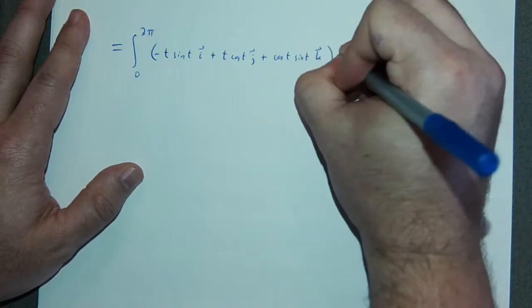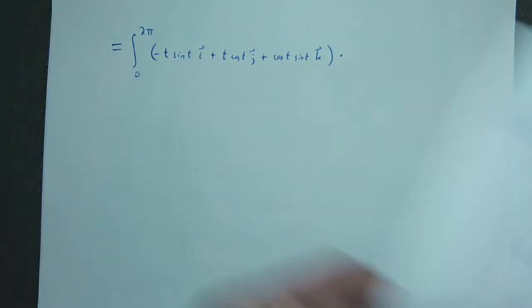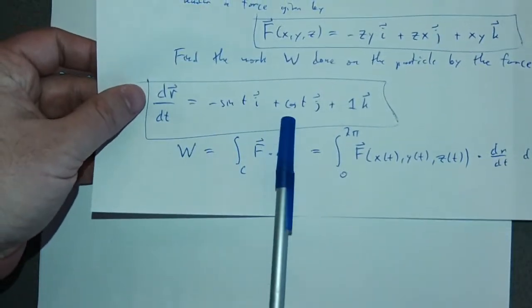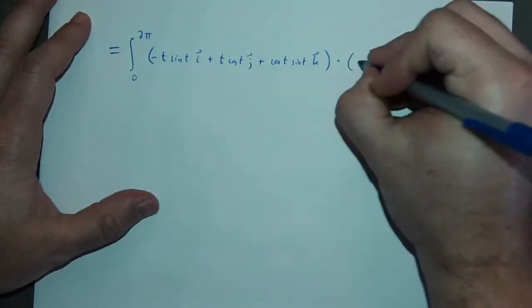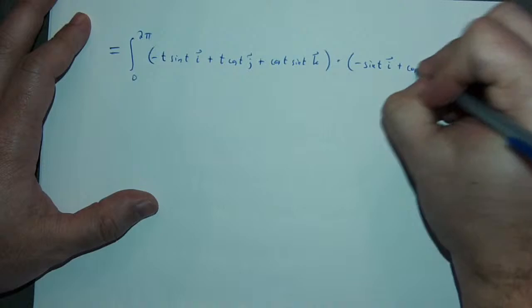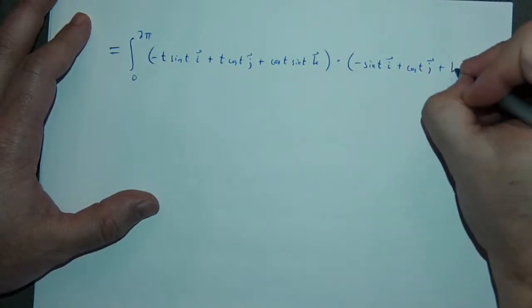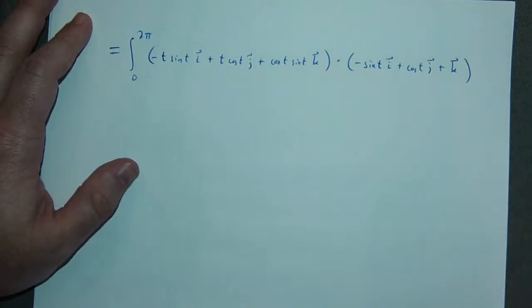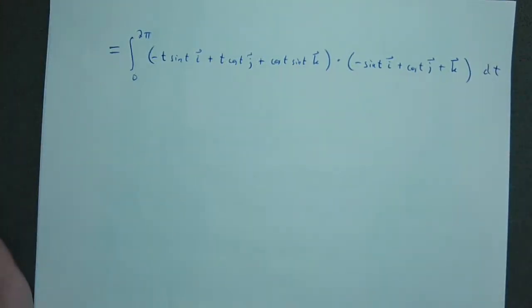And that vector is dotted with dr dt, which I found to be minus sine t, cosine t, 1. Right, so this is minus sine t i plus cosine t j plus 1k. And whatever I get out of that, I get some scalar valued thing in terms of t, and I integrate that with respect to t.